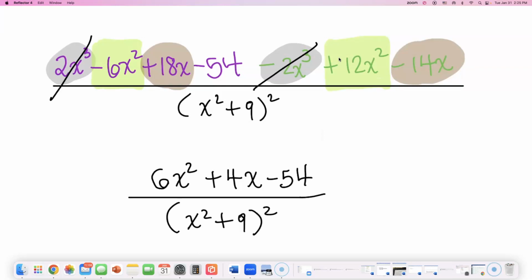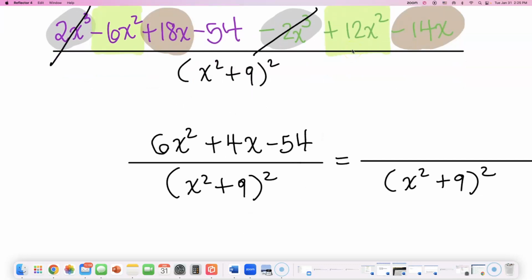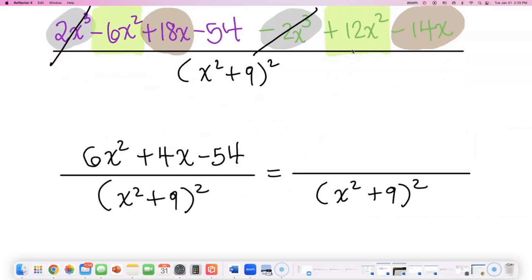I usually stop here, but let's see if I can simplify anything on top of the fraction. I don't think we have to, but in case things cancel out more. What do you notice? I think 6, 4, and 54 are all divisible by 2. So I may factor out the 2 and write down 3x squared plus 2x minus, what is that going to be? 54 divided by 2, 27.